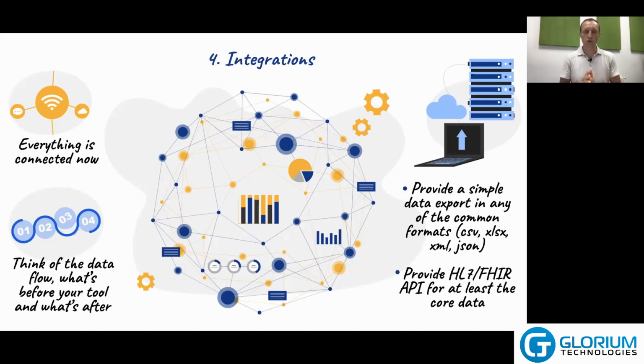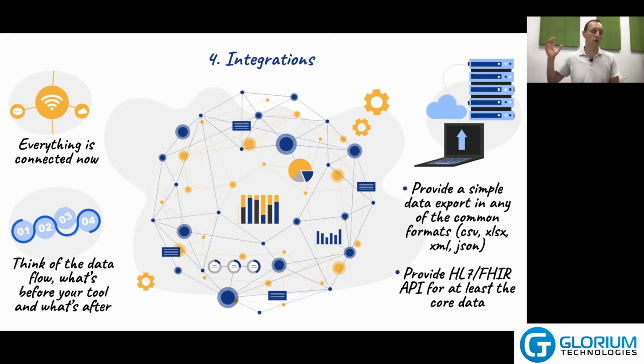And then, of course, for integration purposes, and how your clients are going to look at it, provide at least some level of HL7 or FHIR API, so that when you're marketing your product, they feel, again, that this data is accessible and they can retrieve it, or they can put it in.